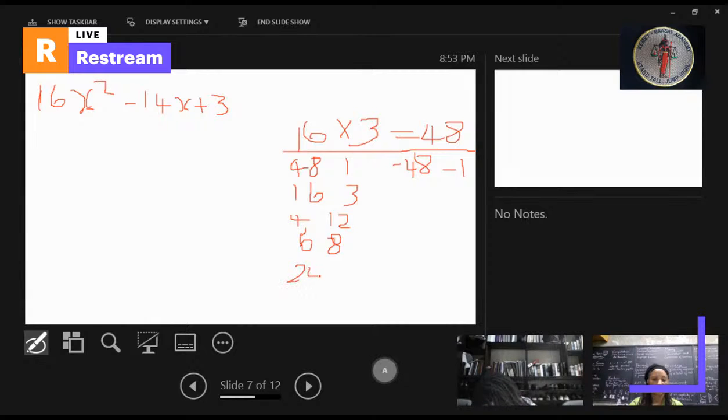And remember the negatives of these, because it's a positive 48. So negative 16 and negative 3 also give positive 48. Negative 4 times negative 12, right? Negative 6 times negative 8, and negative 24 times negative 2.